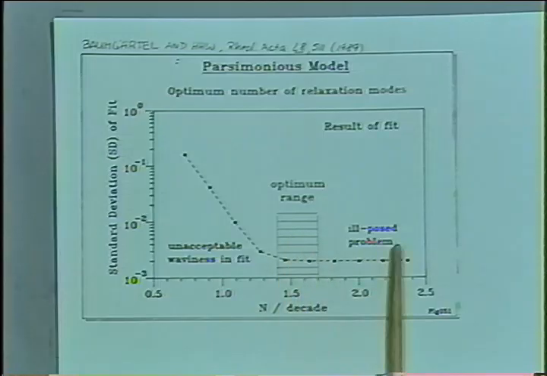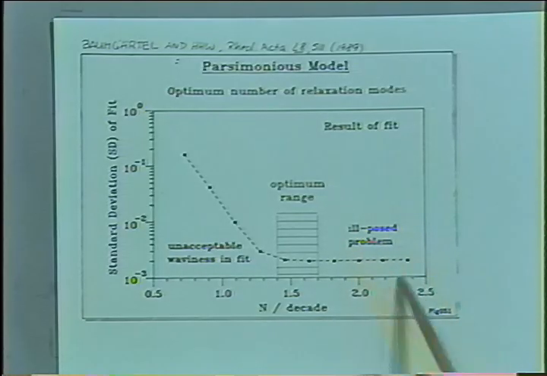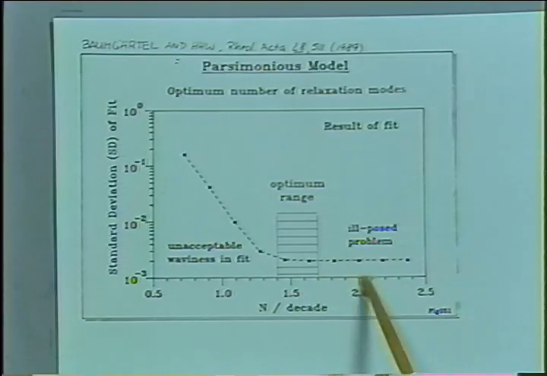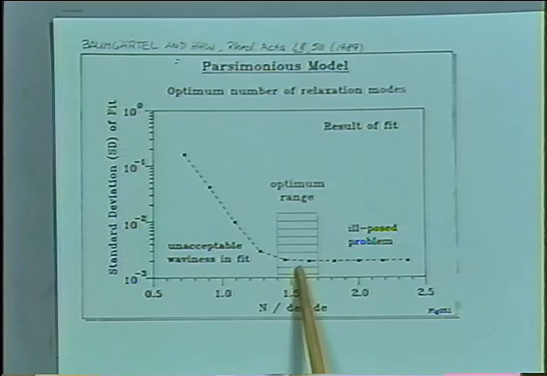If we would choose more modes, we would try to fit the noise, and the problem would become ill-posed, and it would not work out. And that's where I always was working before, and I was having this ill-posed problem. But Michael somehow reduced his number of modes, and then he found a good solution. And this was really the key to his success.